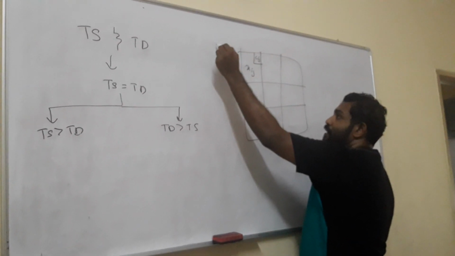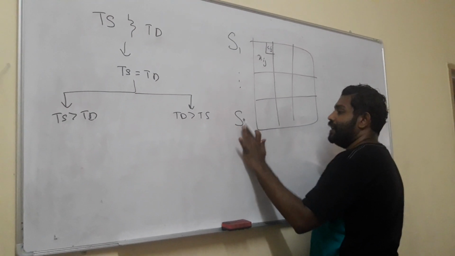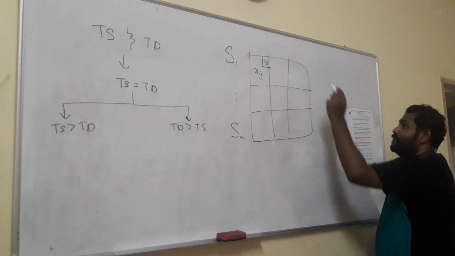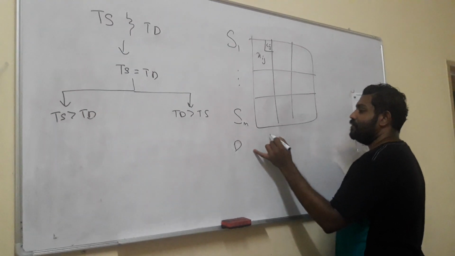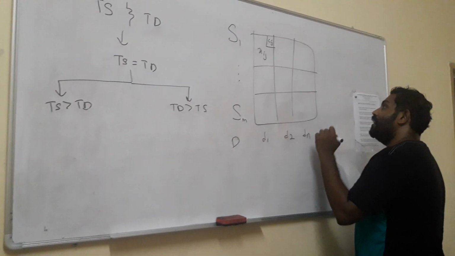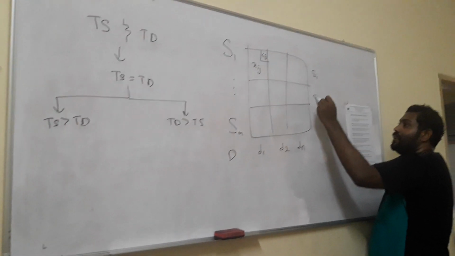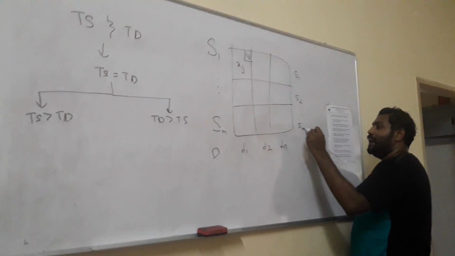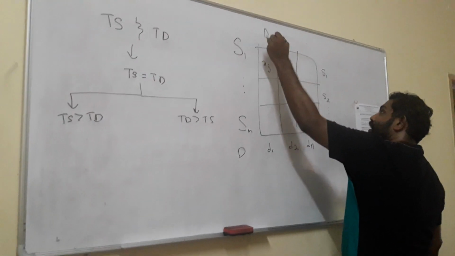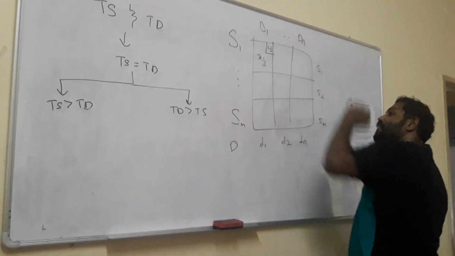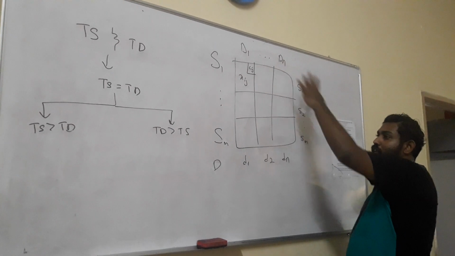Here we have our total supply, which is supply 1 until supply n, and we have our demand, the demand of the customer, D1, D2 until Dn. Next, we have our sources of supply, supply 1, supply 2 until supply n, and finally we also have our demand, D1 until Dn. So this is the transportation representation, or tableau.